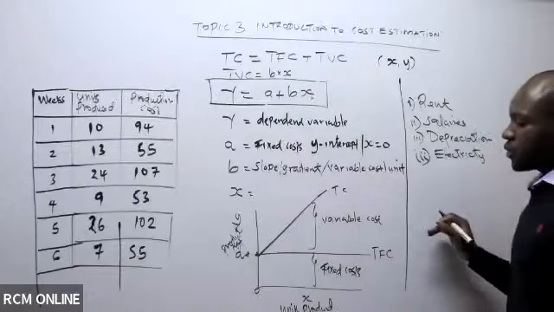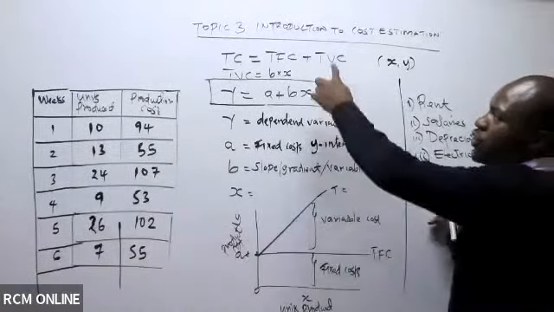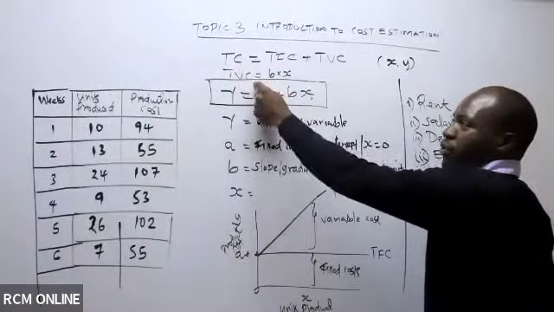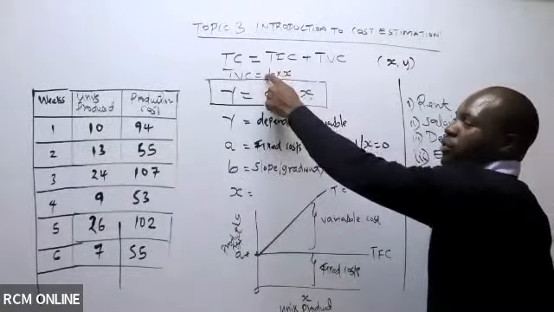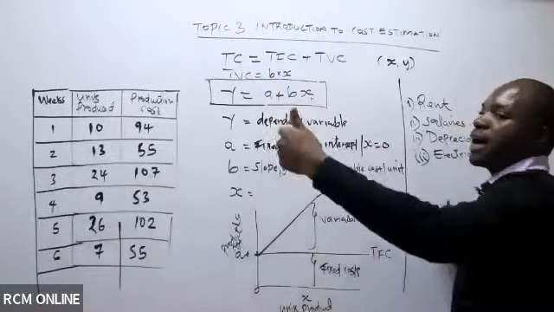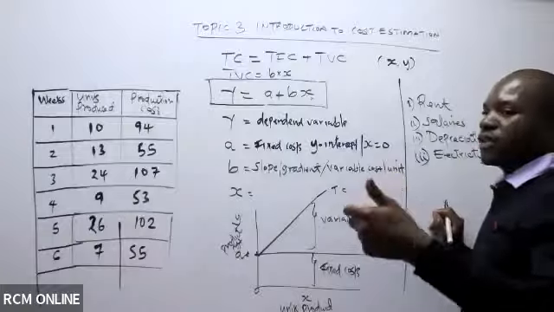Now, for me to be able to get total variable cost, what did we say? Our total variable cost is equal to variable cost per unit multiplied by X. What does this X represent? Activity level, the units produced.